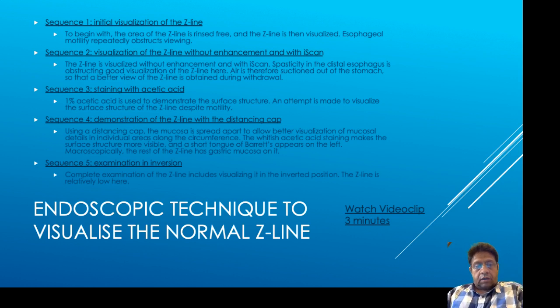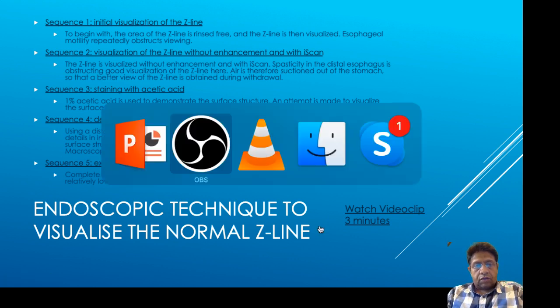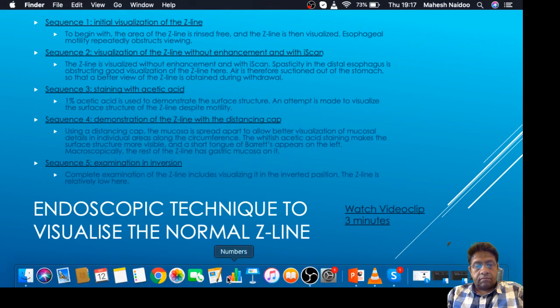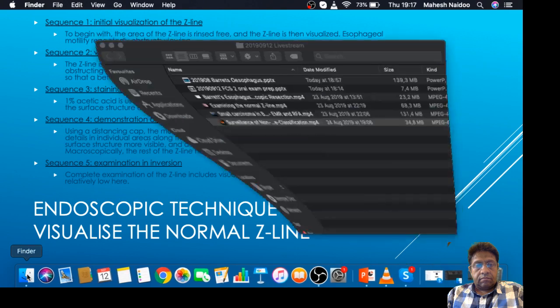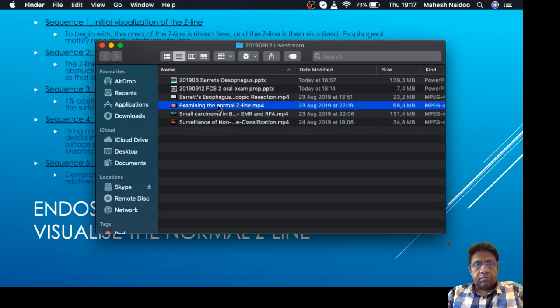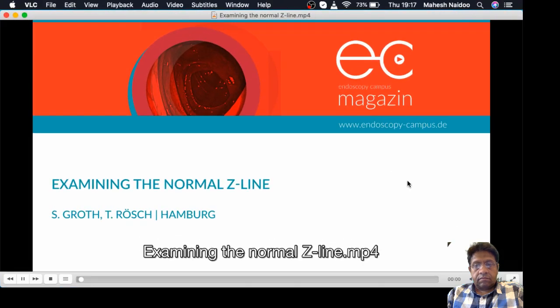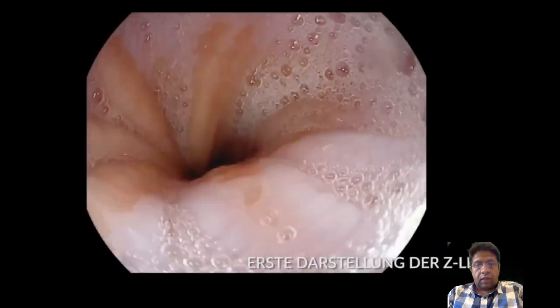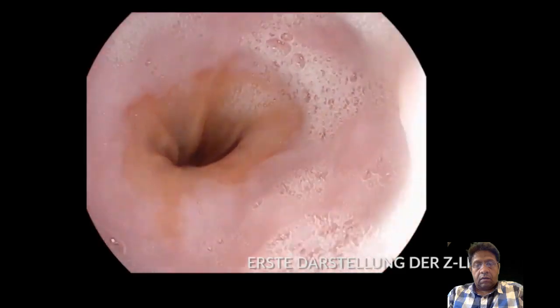This slide, I'm going to show you a video to visualize a normal Z line. To begin with, the area of the Z-line is rinsed free, and the Z-line is then visualized.